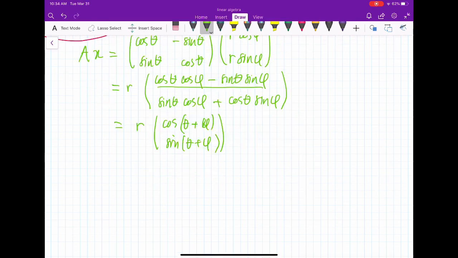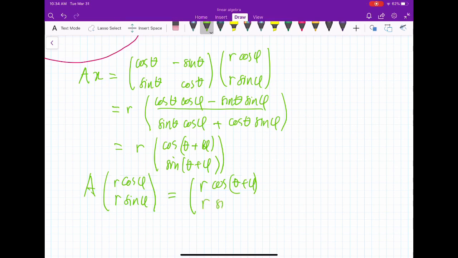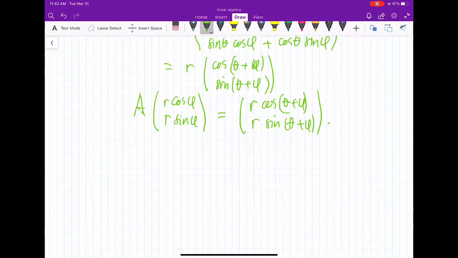So basically, you just change (r cosine phi, r sine phi) to (r cosine of theta plus phi, r sine of theta plus phi). So that is rotation. Orthogonal projection, that's what we learned in the chapter on inner product spaces, can also be considered as a linear transformation.